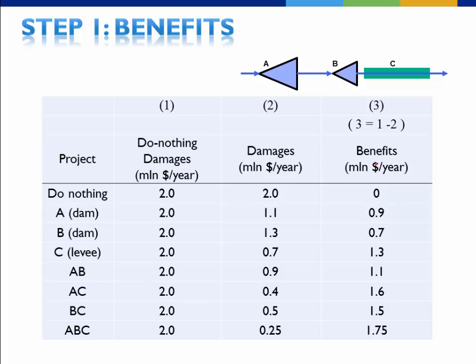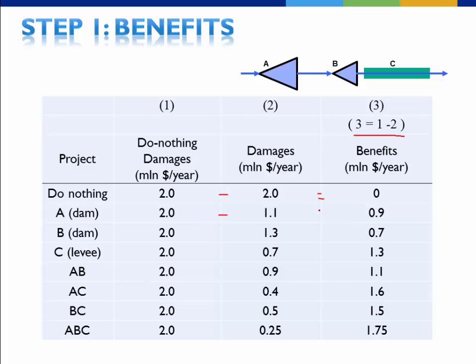So in this case, these are the damages of do nothing, and these are the damages of each of these alternatives. So when you do this, subtract this column 1 minus 2, so that's how we're doing this calculation for the columns. So column 3 is equal by subtracting column 1 minus 2.